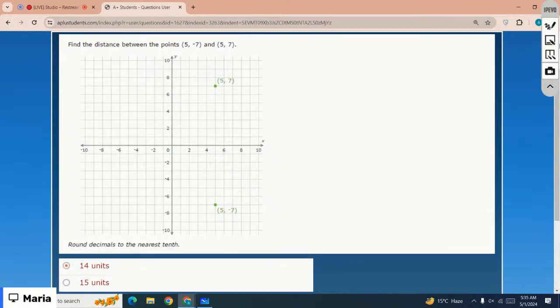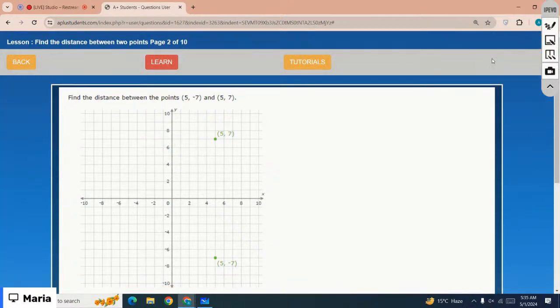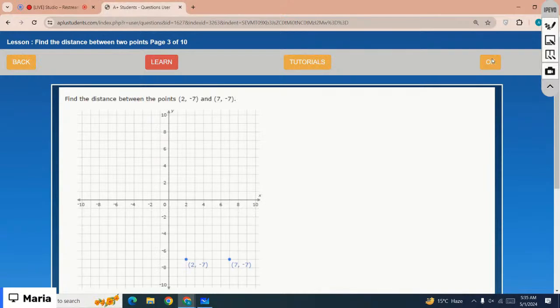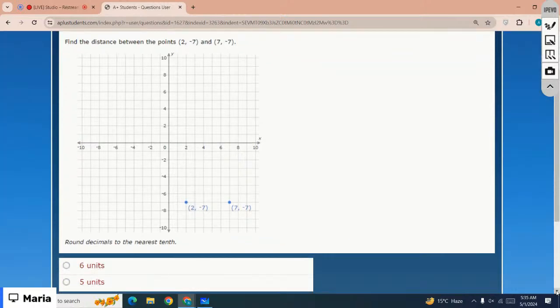Option number 1 is the correct option. Find the distance between the points 2, negative 7 and 7, negative 7. The correct option is 5 units. The second option is the correct one.